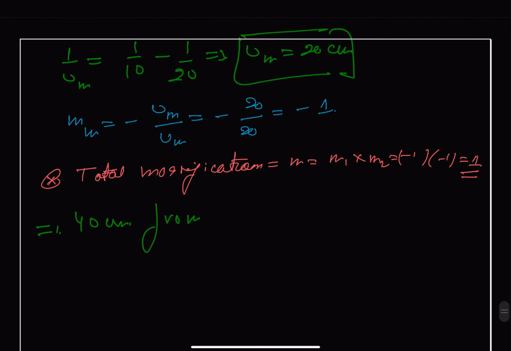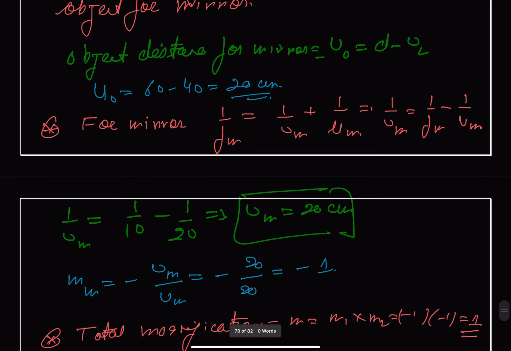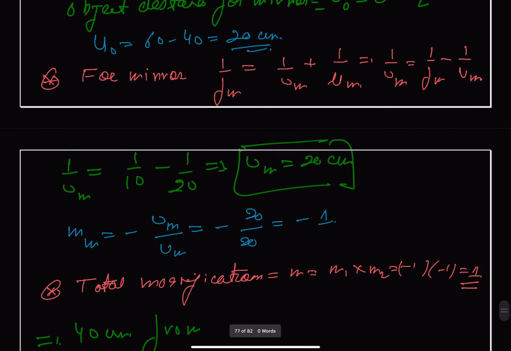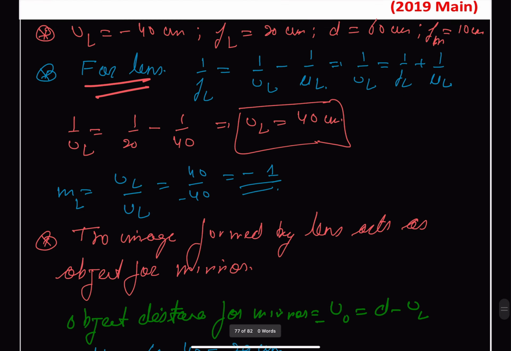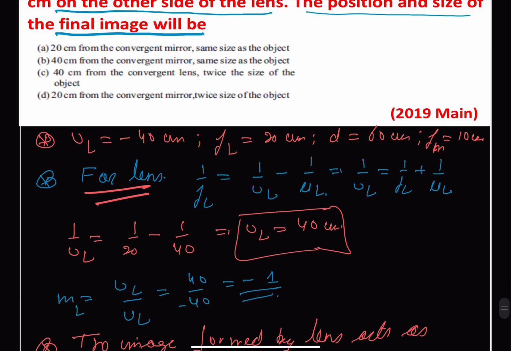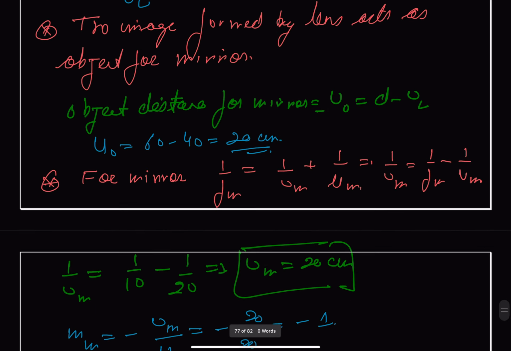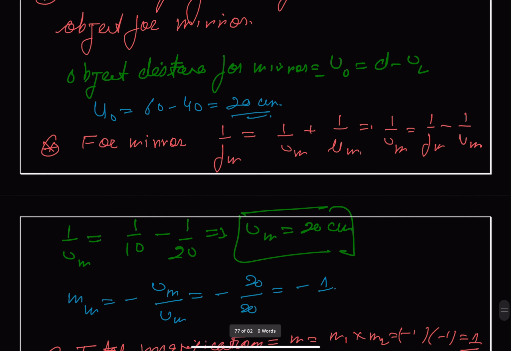Let me check whether the data is correct or not, but it doesn't look like it. It is 20 centimeter from the convergent mirror, not 40 centimeter, with the same size.